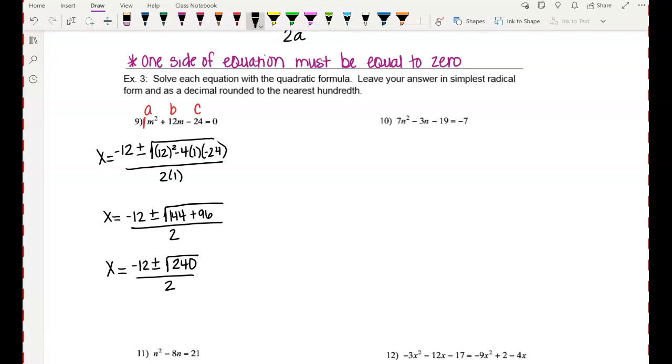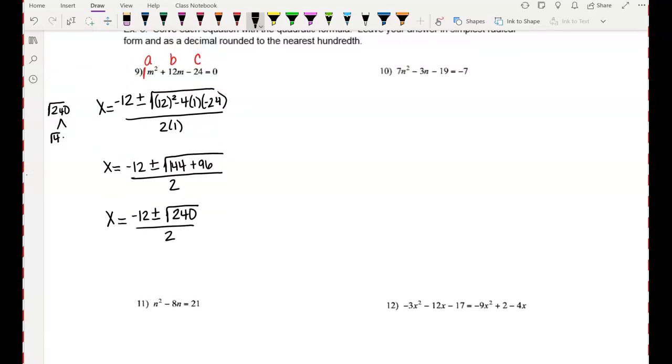And if you wanted to use any of those, we talked about this a little bit yesterday about simplifying. So if I wanted to start, like I know 4 goes into it, I wanted to say that the square root of 240 is the square root of 4 times the square root of 60.